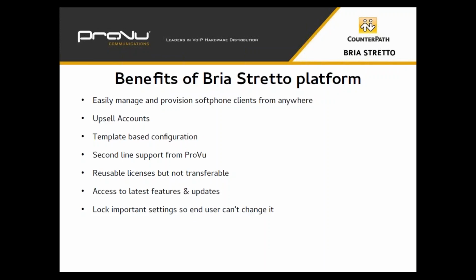So maybe if they've got a meeting and they might have an important call expected, they could keep Stretto open, and they could answer and take calls whilst they're away from the desk. So they're not having to rely on being at the desk all the time just to take calls, if they've gone home early or there's something else to do. They can use Bria Stretto to make and receive calls if they want to. So it's quite a good one, really.